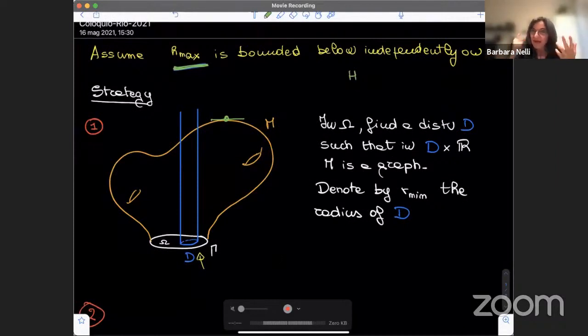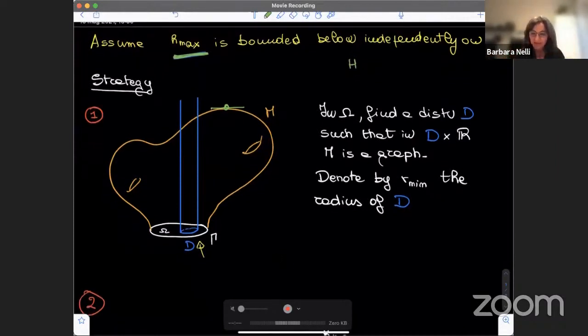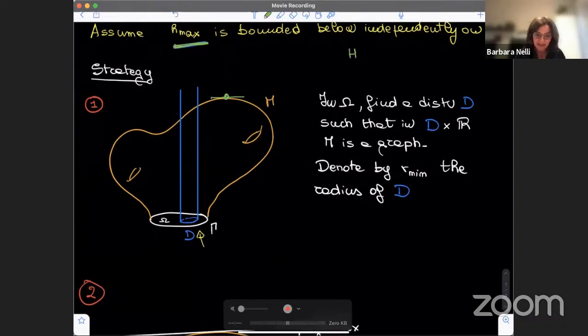The strategy goes as follows. One can find a disk D in omega, the domain bounded by gamma, such that in the cylinder over the disk, M is a graph. This is a small disk with radius R min. One can prove that.